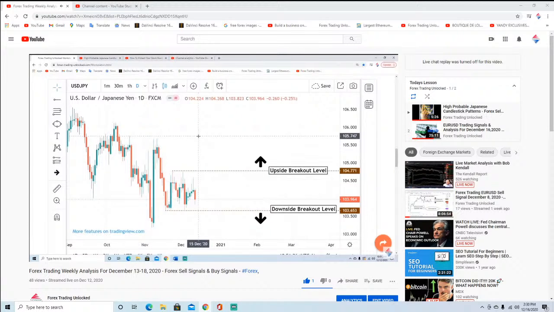I don't see the dollar getting a big move to the upside once again unless we break out above this 104.77 area. And even if we do, I think you have to be mindful of the trend here in place.